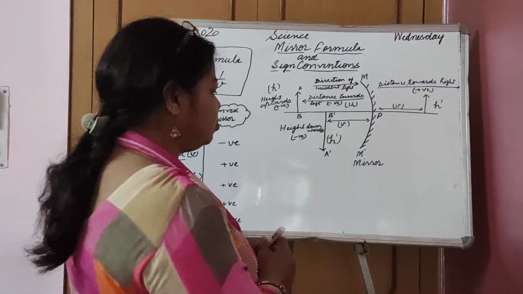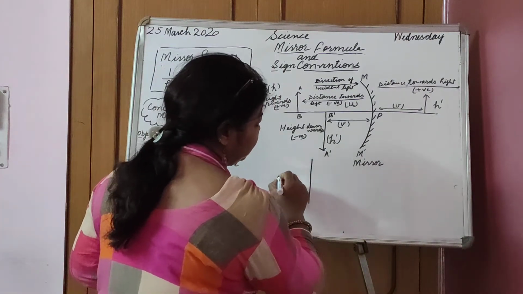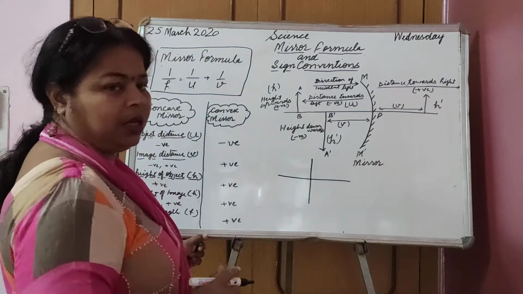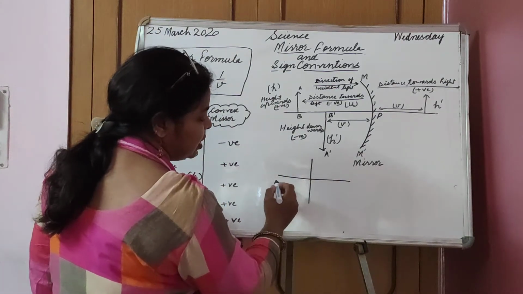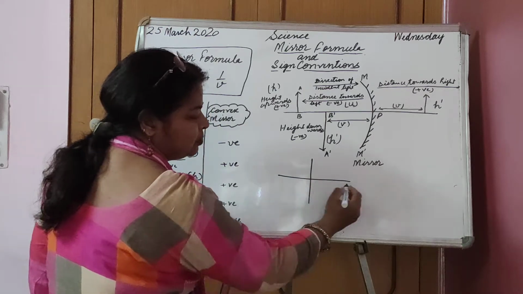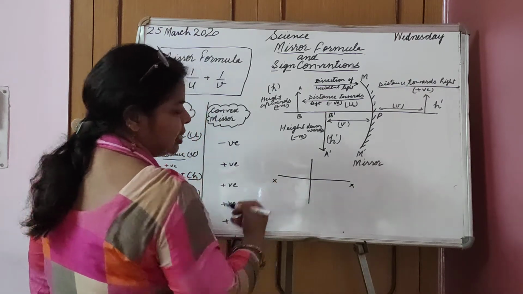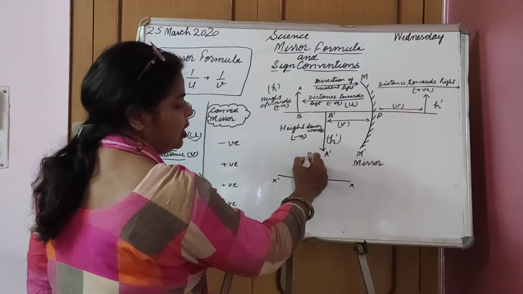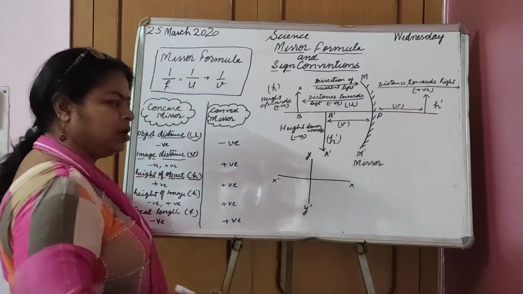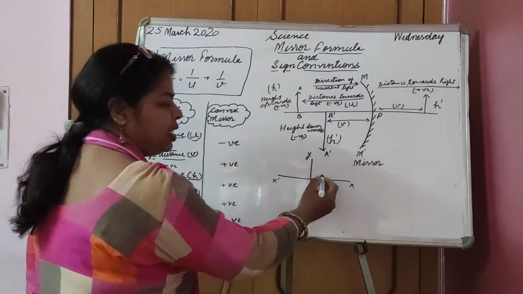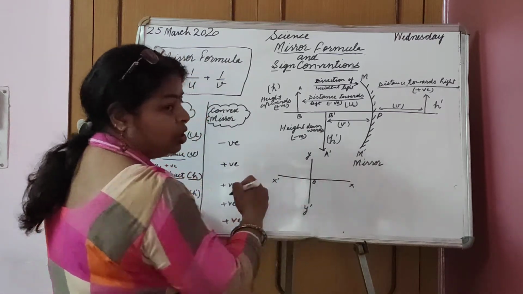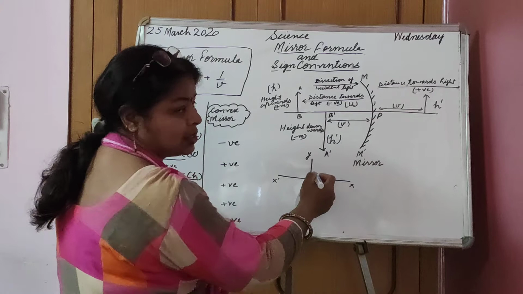First, I would like to explain a very general concept of maths. Everyone knows this is the x-axis, x dash, y and y dash. Now, 4 quadrants are there. This is the origin. In this quadrant, what are the signs that we use for the x and y coordinates?